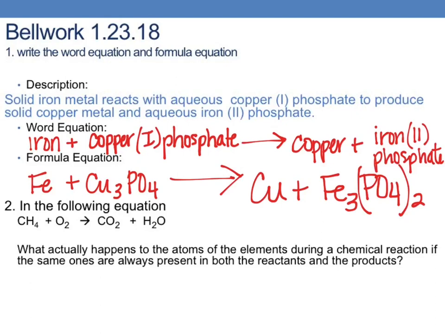Now, I am going to do something. I'm going to draw these at the particle level and show you what everything looks like, okay? So I'm going to use red for carbon, and then I'm going to use green for oxygen, and blue for hydrogen.